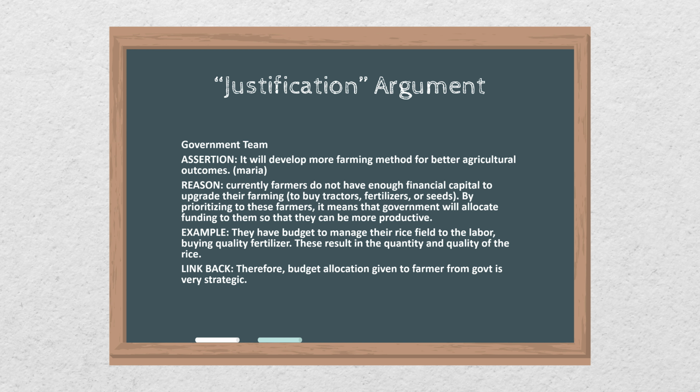Therefore, then we move to link back, yeah. Therefore, the budget allocations given to the farmer from the government is very strategic. So link back is useful to link to what the motion wants and what you want to say in the debate. Because your role is to say that prioritizing the urban area is better than rural area.